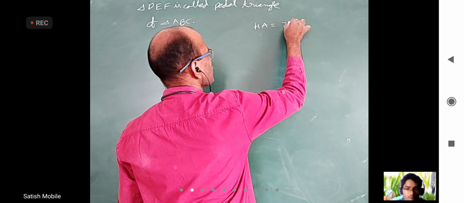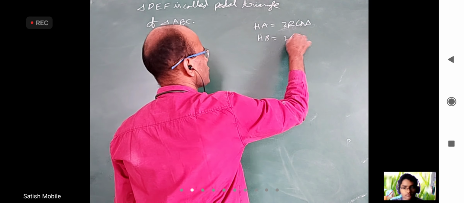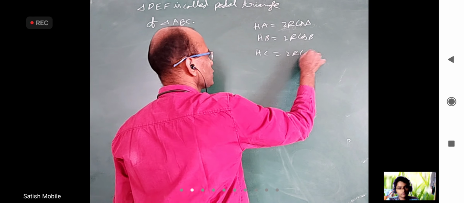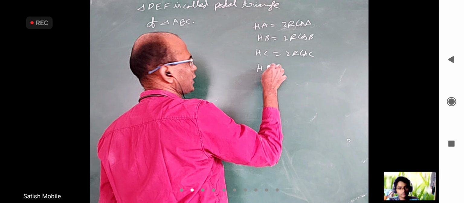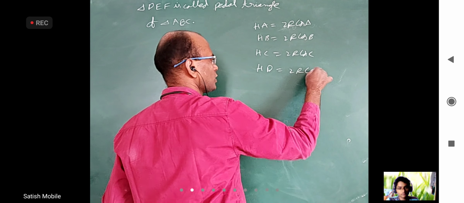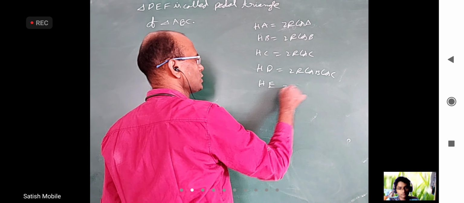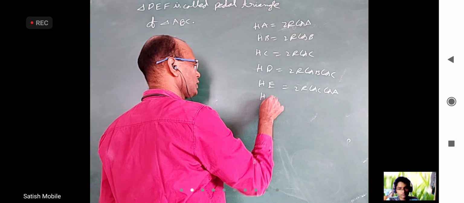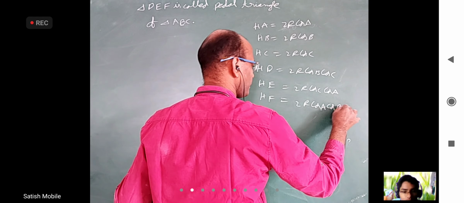HA is 2R cos A, HB is 2R cos B, and HC is 2R cos C. And similarly, HD is 2R cos B cos C, HE is 2R cos C cos A, and HF is 2R cos A cos B. Okay.